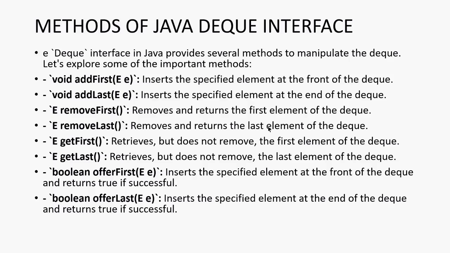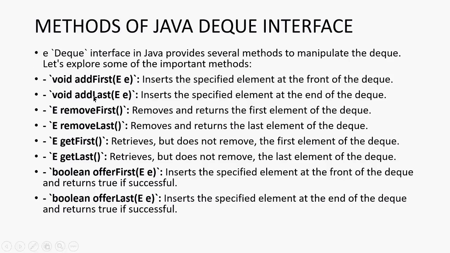And as we have discussed in the definition of Deque, this interface has certain additional methods which we normally don't have with queue as well as stack. We will see a few of the unique methods that are available with Deque. One is addFirst, addLast.